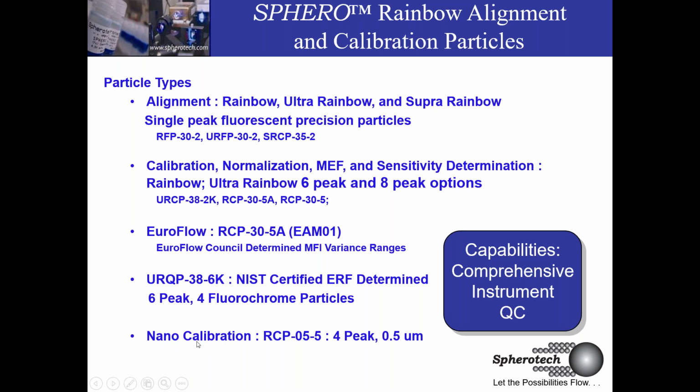And for a few of you who may be interested in some of these seminal vesicles or some of the nano world, not only do we have these rainbow calibration particles in 4-peak, we have a few alignment particles in this range, and some of our R&D over the last few months and into the next few are also going to be focused on this kind of nano world.